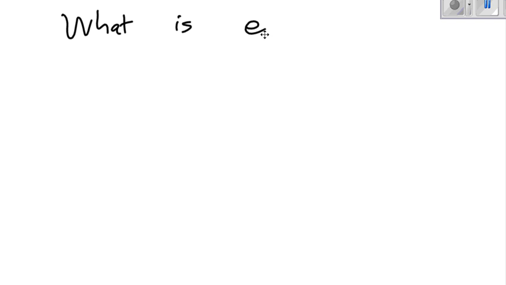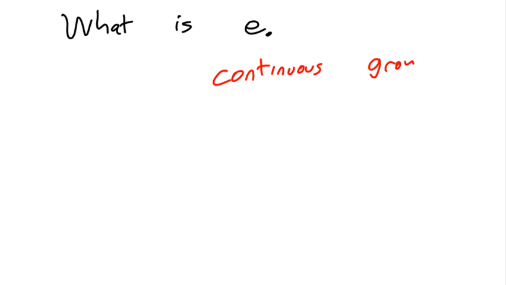Now, what is E? It's a little bit more difficult to answer than pi, but E is the number that describes continuous growth. So if you think back to our penny example, we talked about it doubling each day.